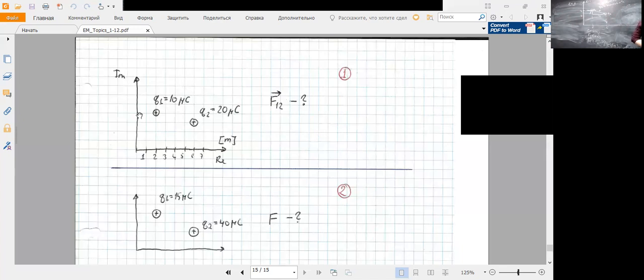Here it is not the square root, it is the square of R, which means 17.